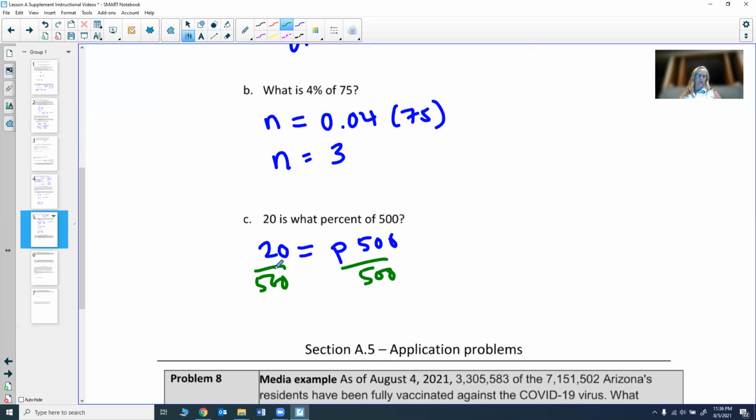So 20 divided by 500 is P is equal to 0.04. So 0.04 is what P is, but we did want it as a percent, so let's write that as a percent, 4%.